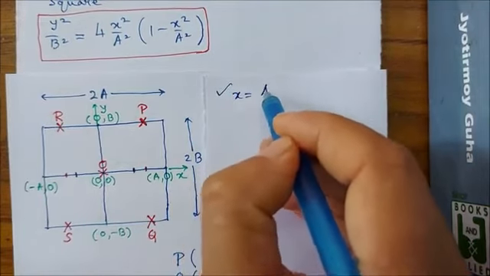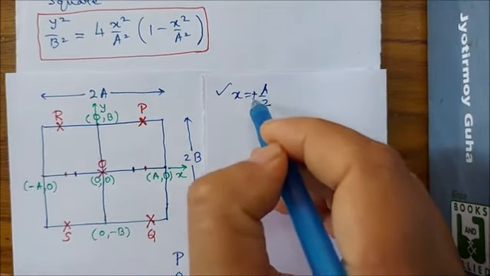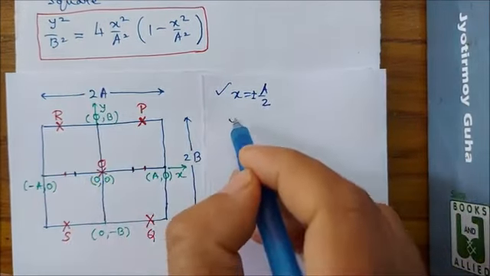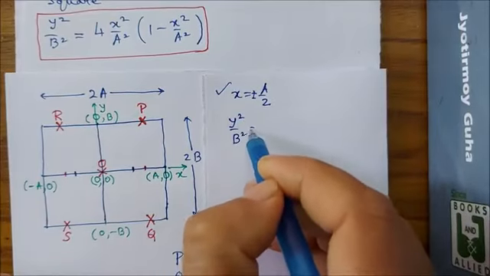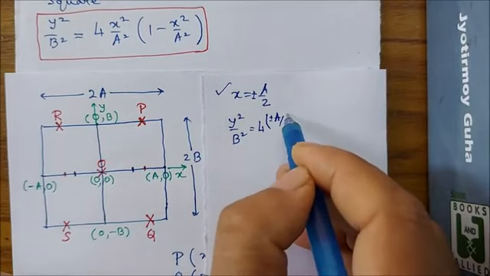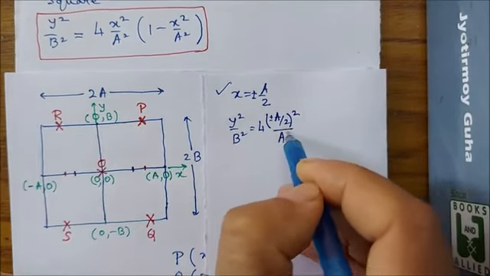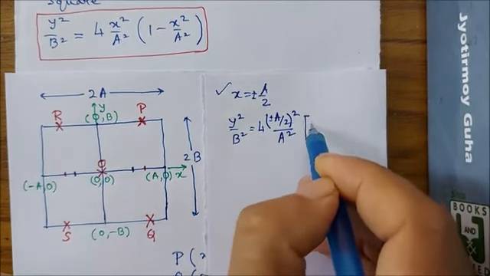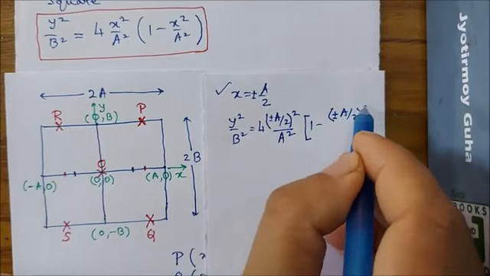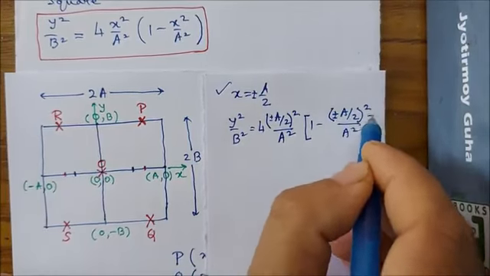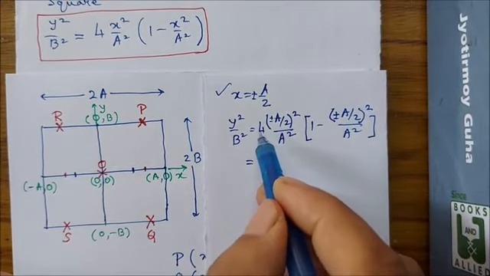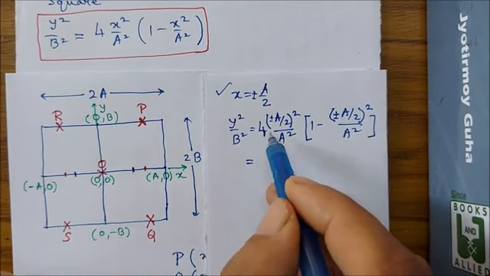So for x equal to a by 2 plus minus, it follows from this equation that, and this gives us a's will cancel out, 2 square is 4, which will cancel this 4, so we have 1 here.